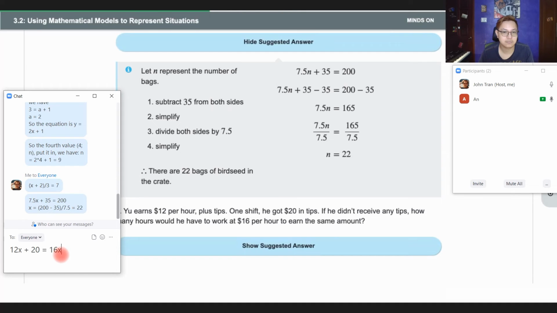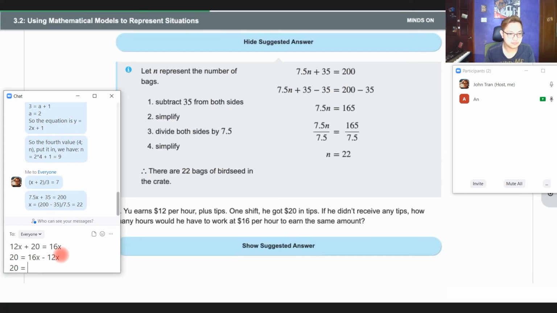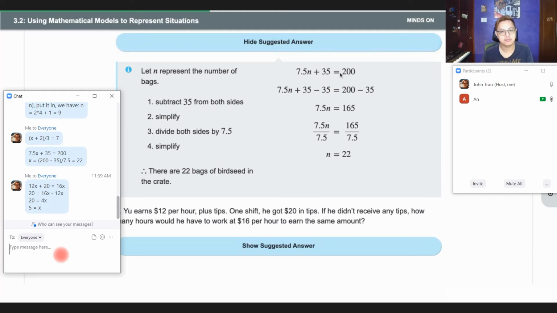Wait, hold on. I think it's fine. No, you bring the 12 to the 16, and then you minus it. So 16 minus 12, you get 4 hours. So 20 equals 4 hours. Sure. And then you bring the 4 down, and you divide 20 by 4, which is 5 hours.